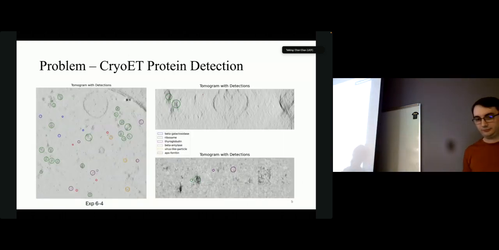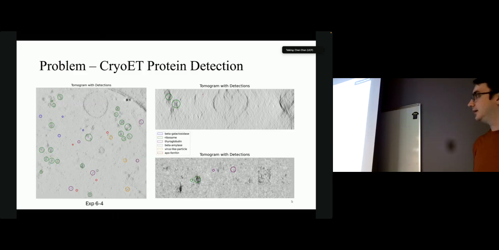This is an example. This is the X and Y plane, this is the X and Z plane, and this is the other plane. What you can see here is that these blobs are annotations of these specific proteins. But even this volume contains other organisms. I think this is a cell or another protein, but those are not annotated.